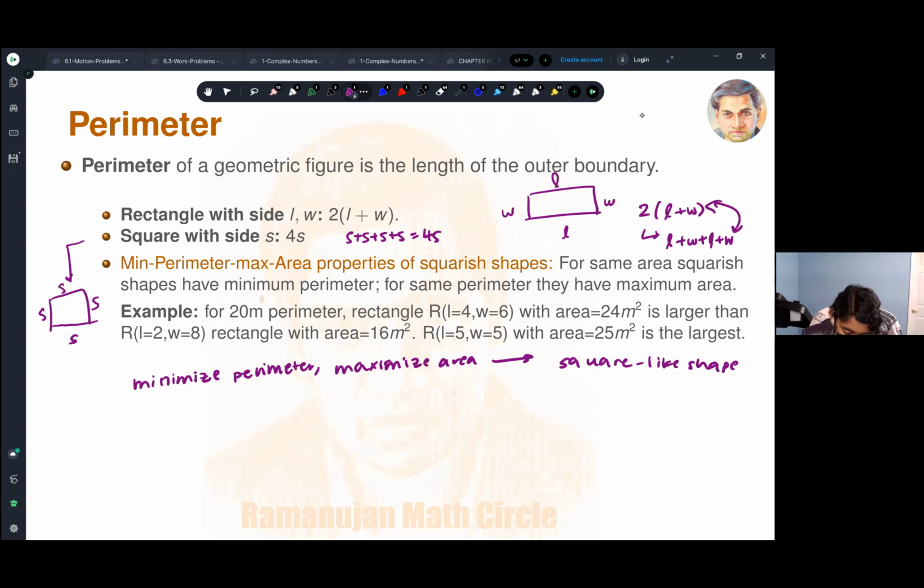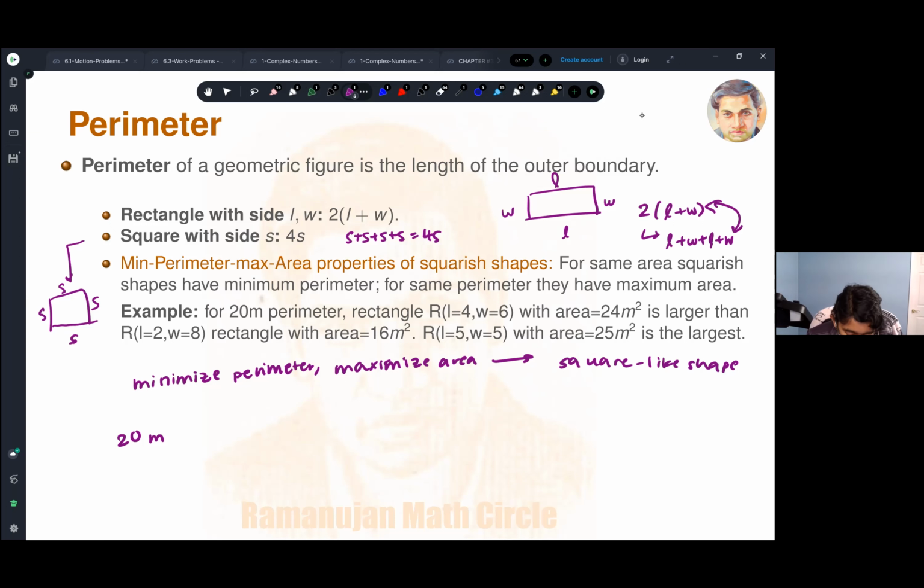So if you are given an area and you want the least perimeter, you try to make it square-like. And if you are given a perimeter and you want the maximum area, then you try to make the shape square-like.